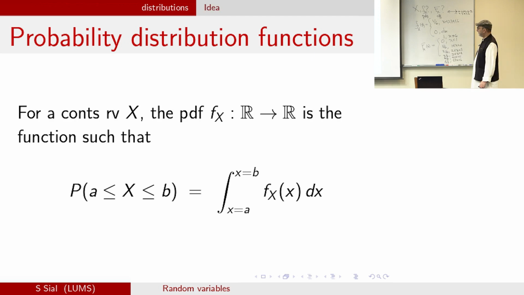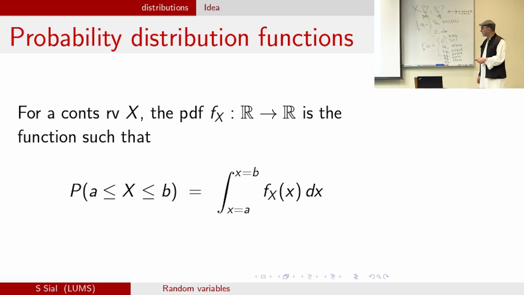Okay? And we can't look for the probability that x takes one value in a continuum. We look for the probability that x takes a value between a and b.